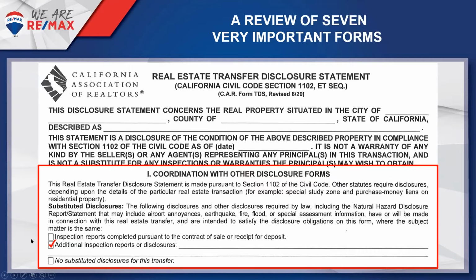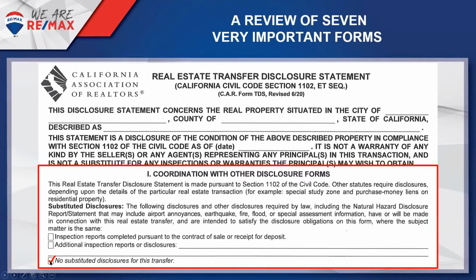If you have additional inspection reports, the contract doesn't necessarily say you have to provide it, but you have those reports and disclosures, you can check this box. Now, this is where you would list a previous physical inspection from a buyer who canceled escrow. And then finally, if you didn't have anything that you wanted to add to this disclosure at this time, this TDS, you would check this box. No substituted disclosures for this transfer.